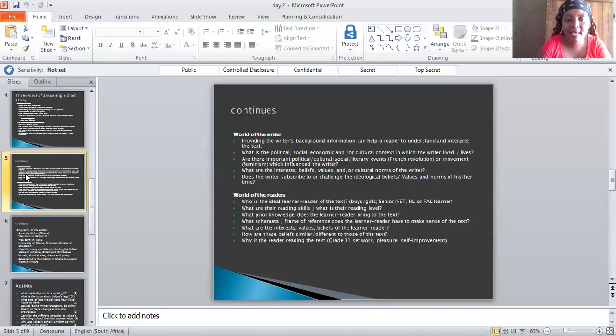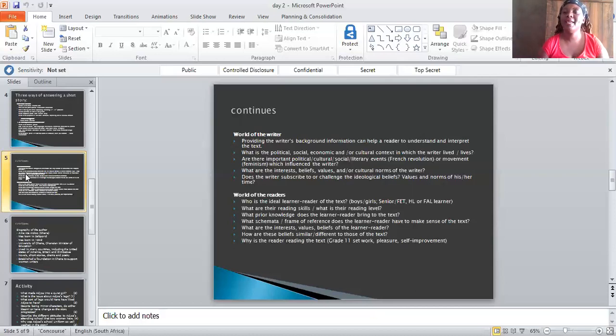Why is the reader reading the text? Is it for pleasure because the reader enjoys reading, or they have nothing to do and then they feel they have to read this and that? Or is it for self-improvement? They notice their challenges when it comes to reading, the concentration, the punctuation, grammar, and all that, and then they decided that they are reading this so that they can improve their reading skills?